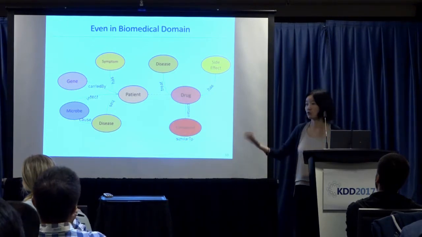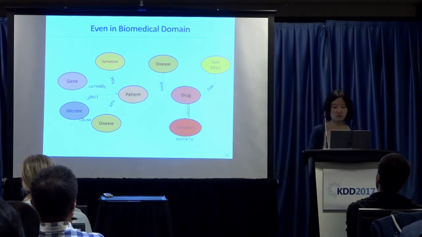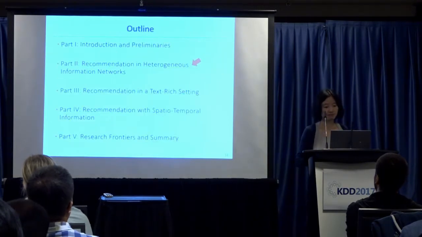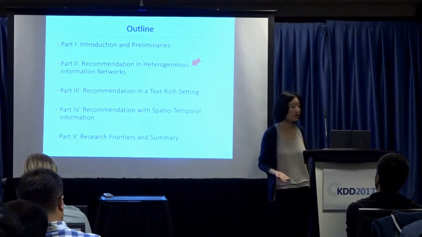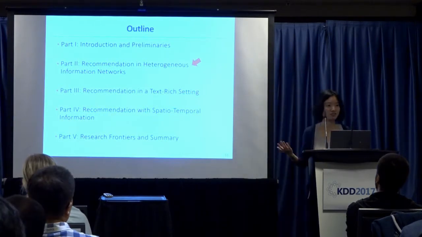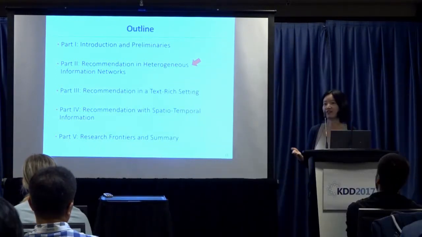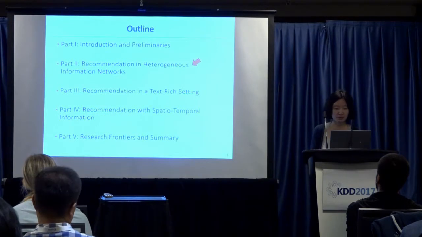So you can do drug recommendation. Recommendation is not just designed for commercial systems. It can be used for many other very interesting tasks. So this is just a preliminary introduction of what an information network is, and why we think the information network carries a lot of additional information that we really need to leverage to do better recommendation.